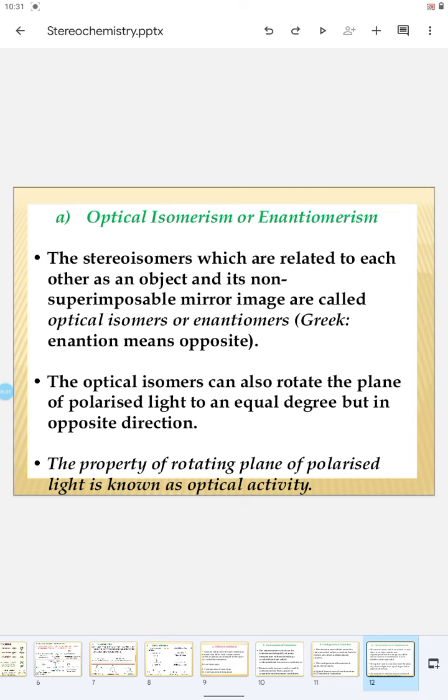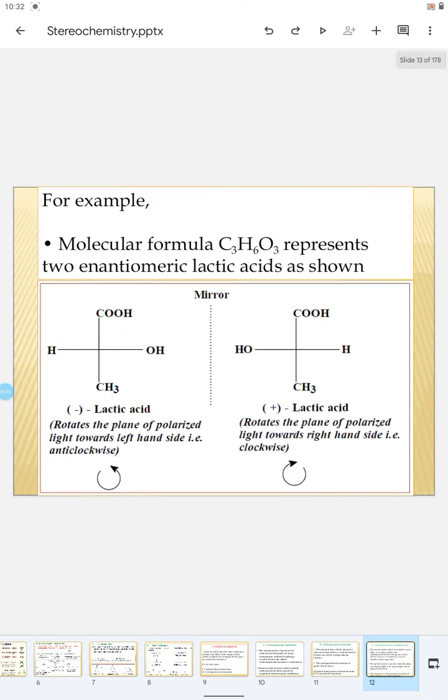These compounds were termed optically active compounds. When the compound rotates the plane polarized light to an equal degree but in opposite direction, the property of rotating plane polarized light is known as optical activity.